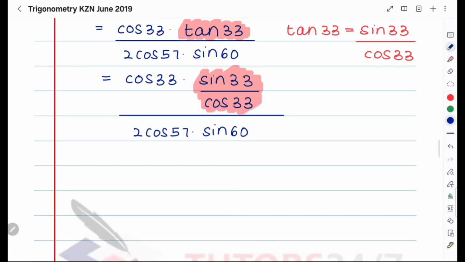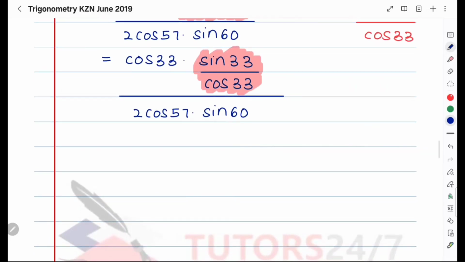Now, something important to take note of is cos of 33 cancels cos of 33. Same thing on top, cancels the same thing at the bottom. And we are then left with sine of 33 over 2 cos 57 times sine of 60.